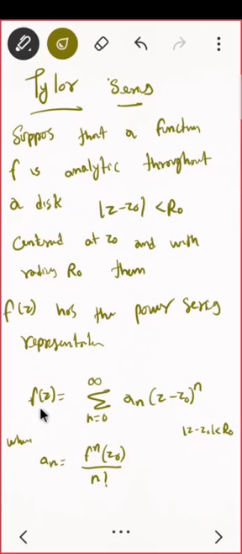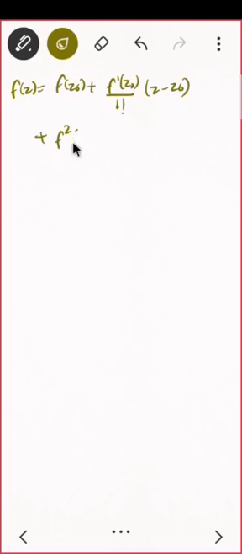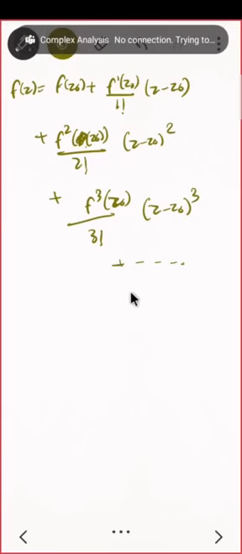Correct. If you want to write the expanded form of this, it will be f of z equal to f of z naught plus f dash of z naught upon 1 factorial into z minus z naught, plus f second derivative of z naught upon 2 factorial into z minus z naught the whole square, plus f third derivative of z naught upon 3 factorial into z minus z naught raised to whole cube, and so on, where mod z minus z naught is less than r naught.